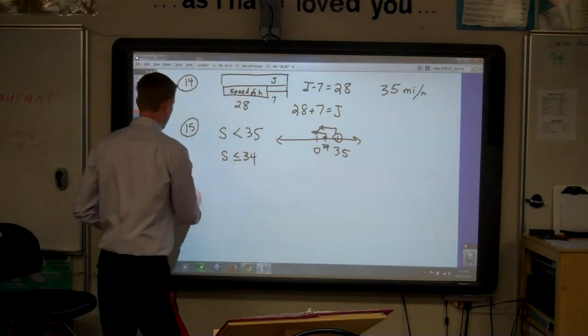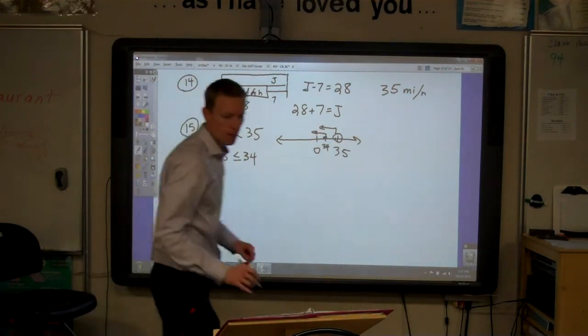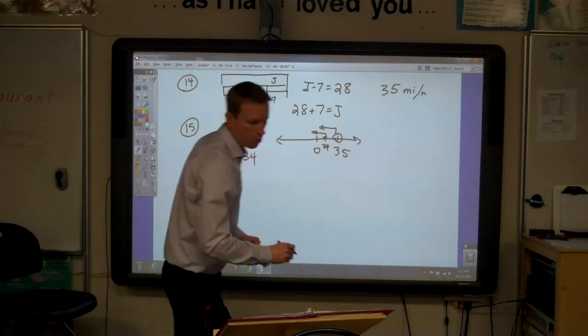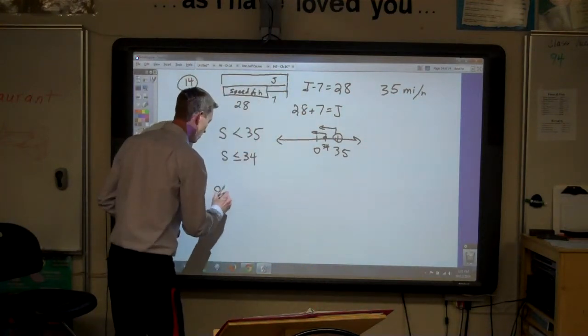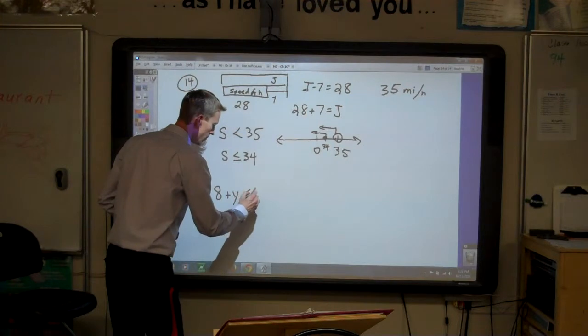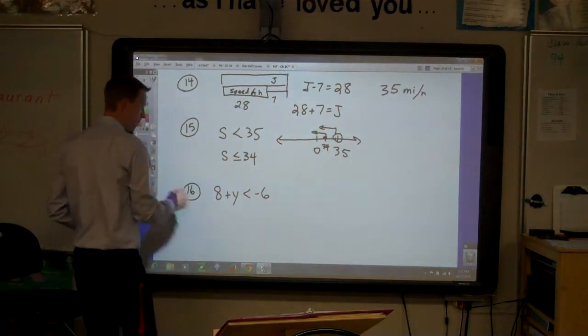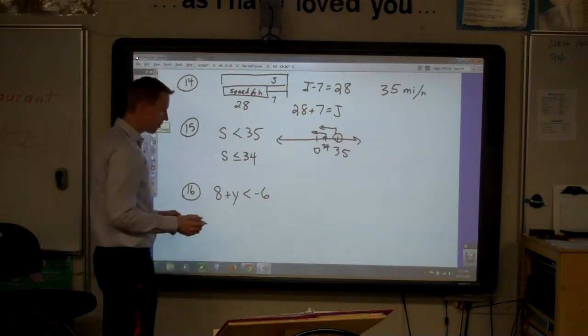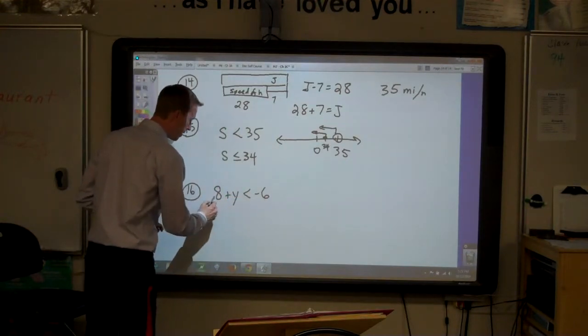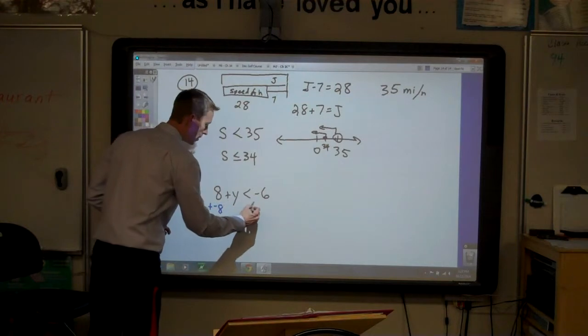Number 16. We've got 8 plus y is less than negative 6. We have to get the y by itself. So this is just like solving any other equation, except we have to graph it at the end. Add negative 8 to both sides.